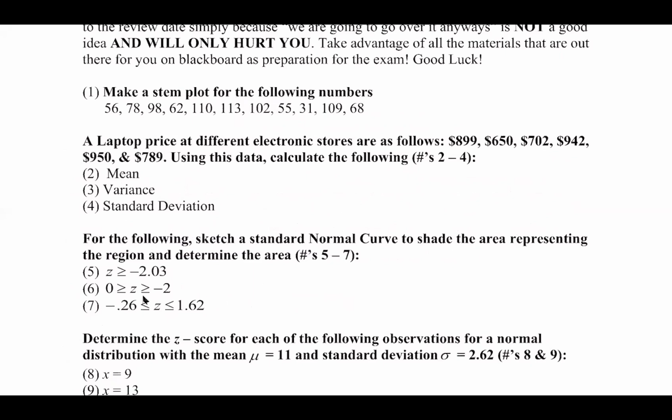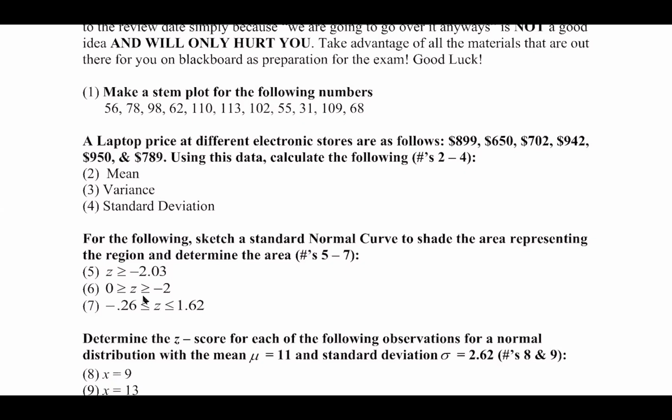It said, for the following, sketch a standard normal curve to shade the area representing the region and determine the area. So if you look at number 5, it says z is greater than or equal to negative 2.03. The first thing you should notice is that they tell you it's a z value.